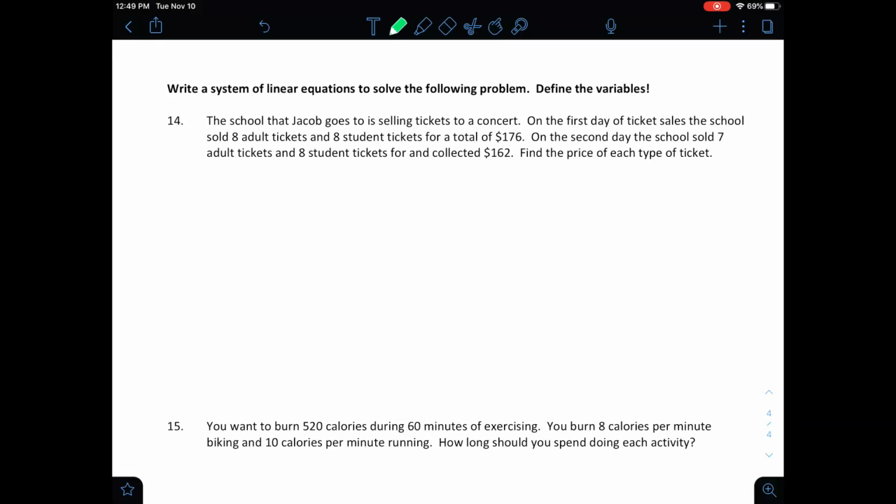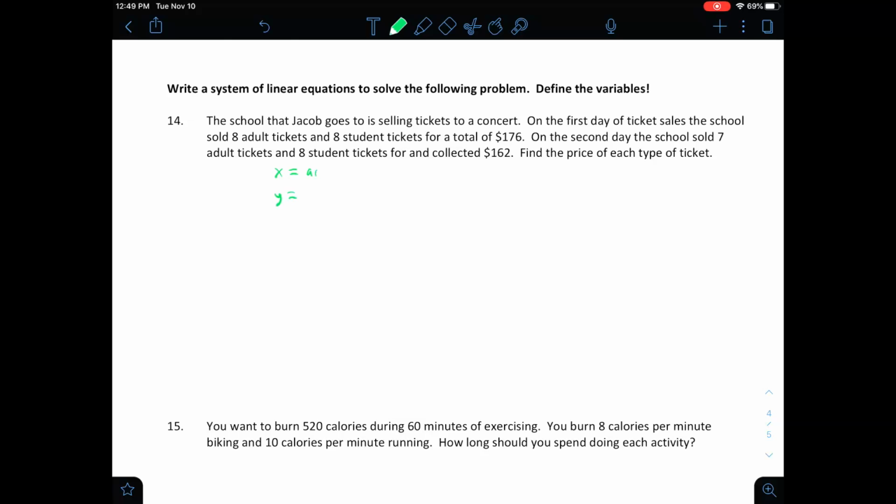All right, the school that Jacob goes to is selling tickets to a concert. On the first day of ticket sales, the school sold 8 adult tickets and 8 student tickets for a total of $176. On the second day, the school sold 7 adult tickets and 8 student tickets and collected $162. Find the price of each type of ticket. All right, so we're going to label our x and y.